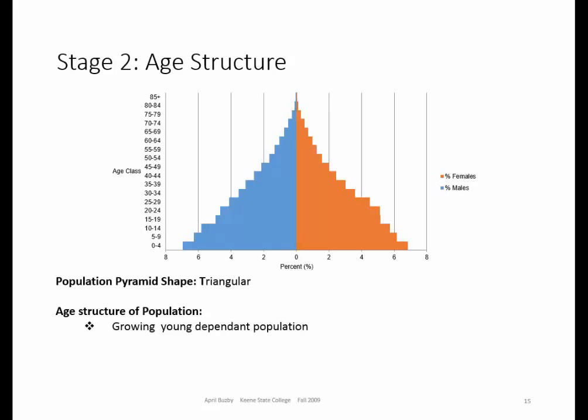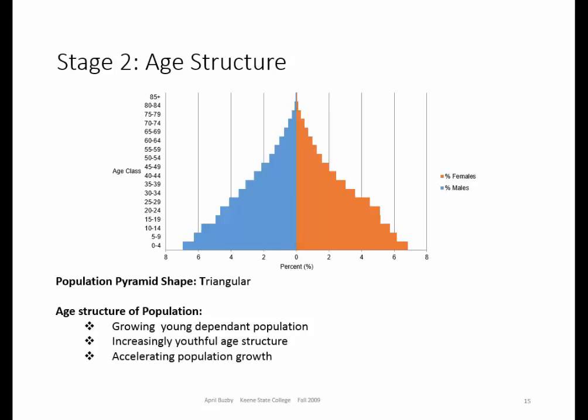Like I said, a growing young dependent population. Increasingly youthful age structure. This is the arms-bearing years, where you see the most turmoil and the most change politically.